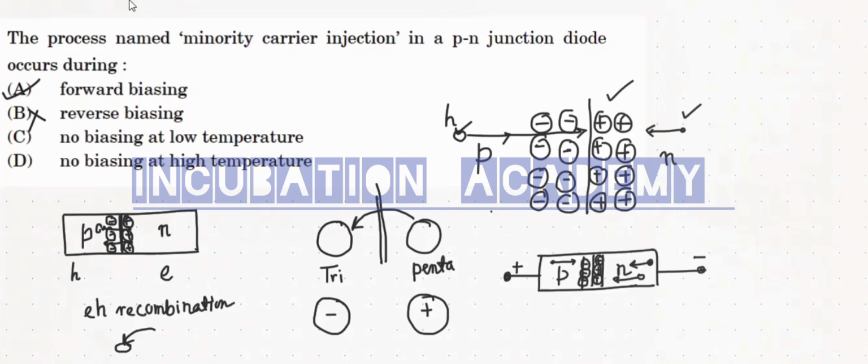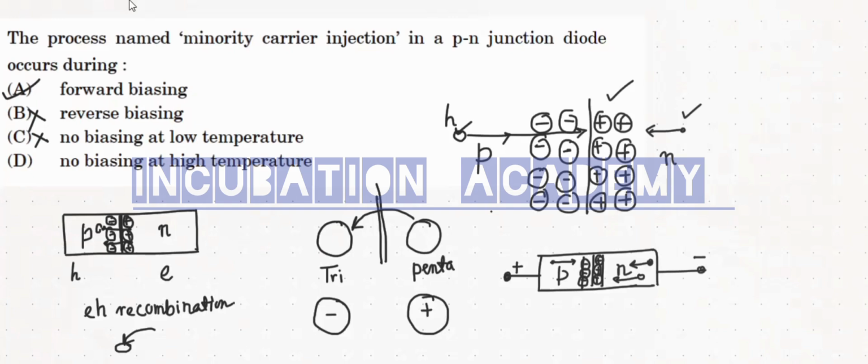No biasing at high temperature. If you increase the temperature, then what will happen? If you have not biased, the randomness, the thermal motion of the carriers on the P side and N side both increases, but that is not enough to break the potential barrier developed across this depletion region and pass through.